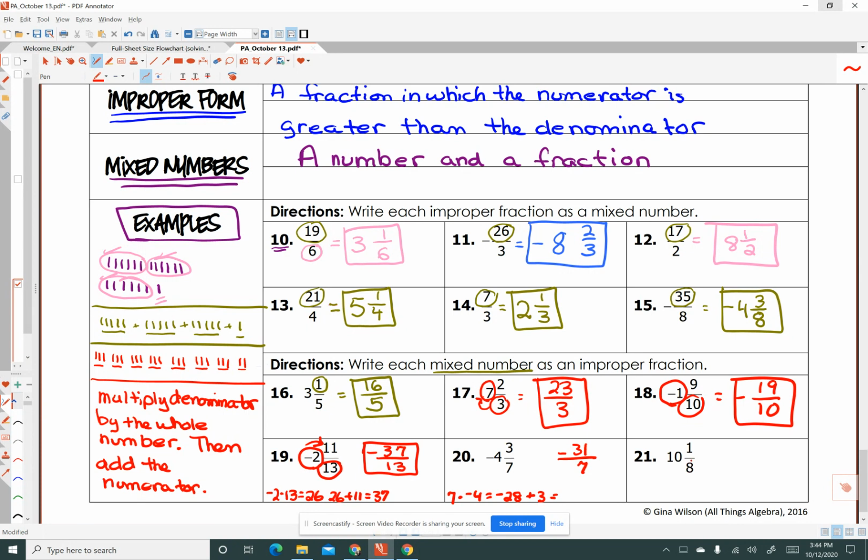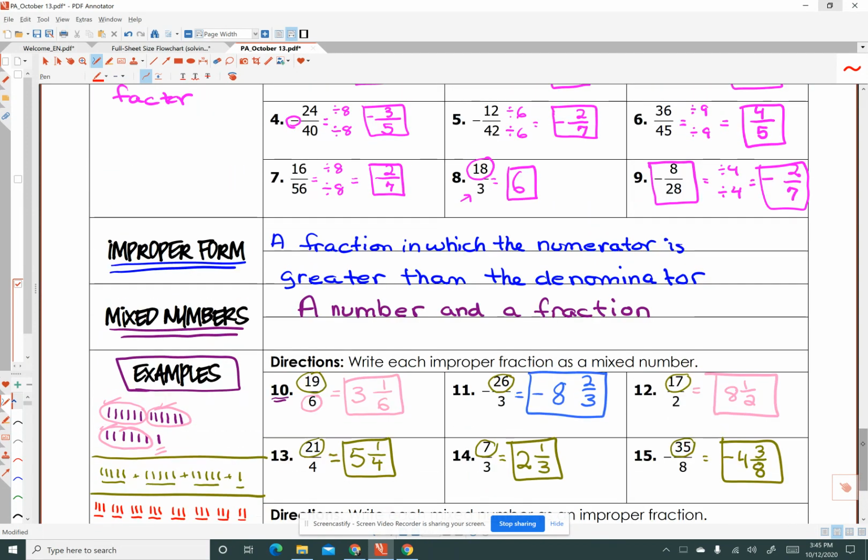And then the last one, 10 times 8 equals 80. And then 80 plus 1 equals 81. Keep the denominator, 81/8. And that's how it works. So practice a few of these on your own. And I know that if you practice, you'll be great at this.